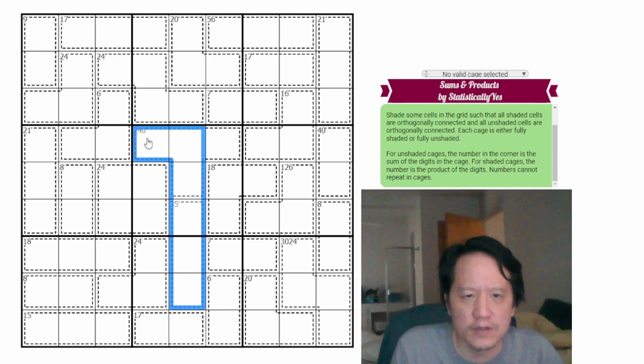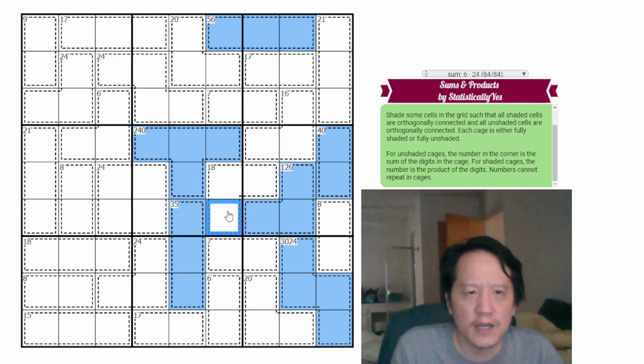Okay, so these are all shaded. This is shaded. This is shaded. This is shaded. This is shaded. Can 17 ever be a product? No. This is unshaded, and it has to be 8 and 9.